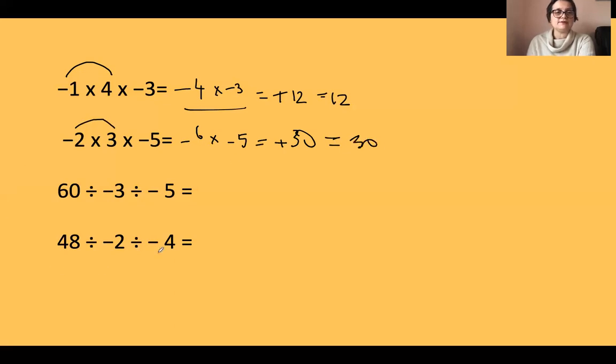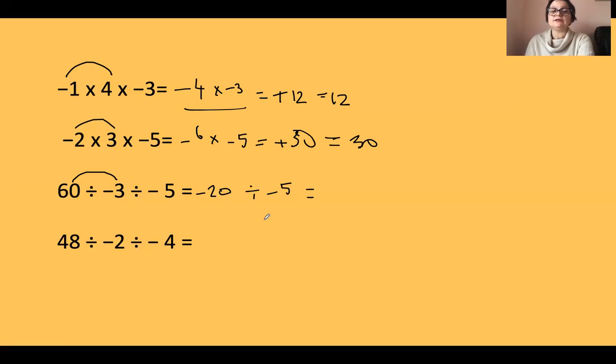Now here, again, my two negative numbers are here at the back. So divide the first two and then divide the answer by the third one. So 60 divided by -3, both numbers are different signs. So the answer is going to be negative, -20, and then divided by -5.